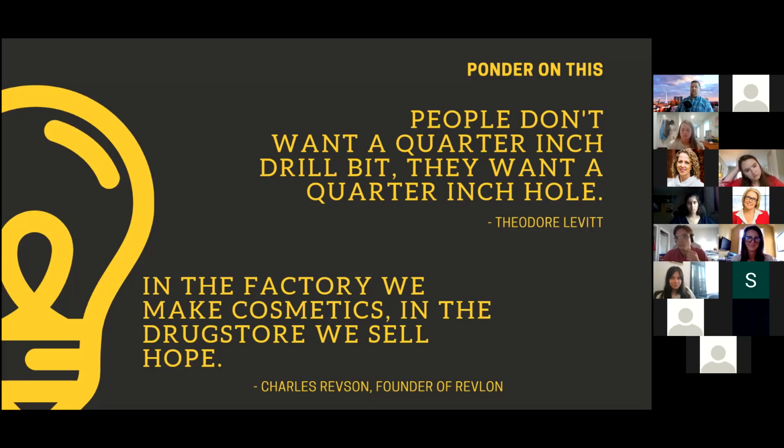For him, he saw Revlon as a way of changing your self-image. It wasn't just, I need to wear makeup or I need lipstick. It was, I want to look better. Now, he founded Revlon, so that's going to be his view. I'm not saying you have to wear makeup to look better, right? But he was viewing it as, there's this struggle that I have, and I'm going to solve that struggle.